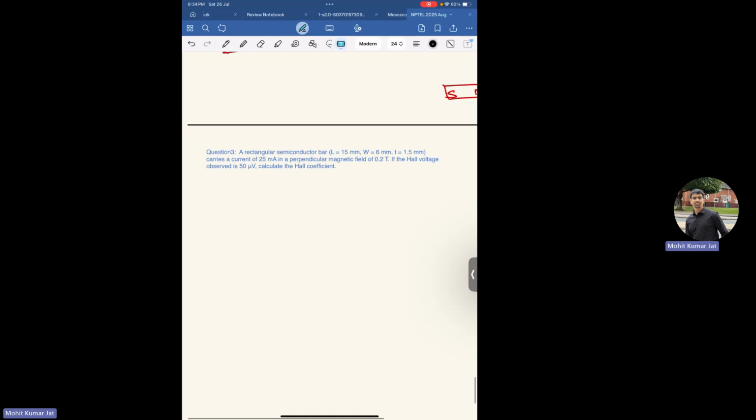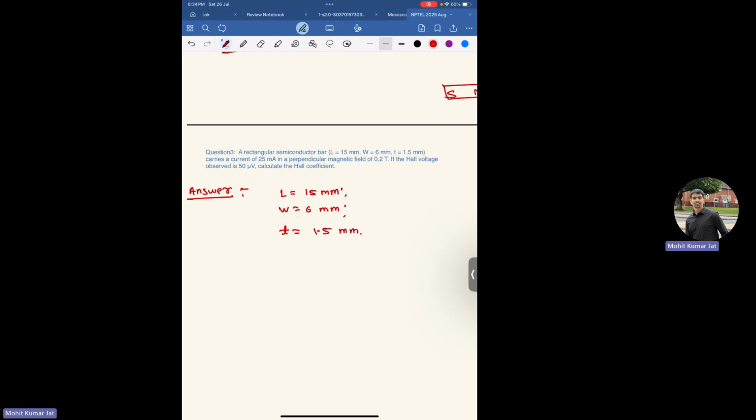A rectangular semiconductor bar length is given. Length is 15 mm. Width is 6 mm. Thickness is 1.5 mm.